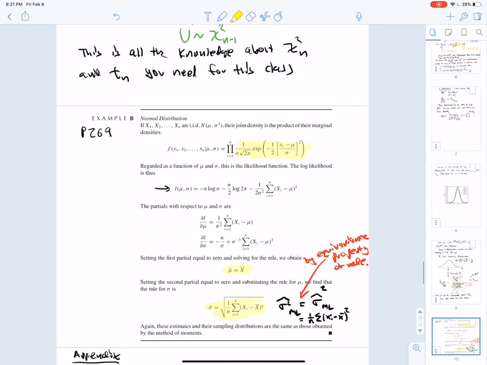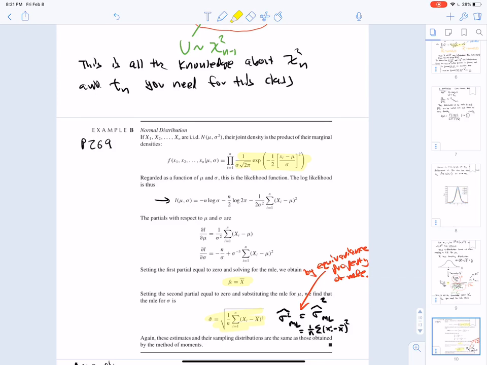Just to finish up, let's find the MLE for the parameters for the normal random variable. What I've written out here is the likelihood for the normal, and I've written it as a product because my x1 to xn are IID.